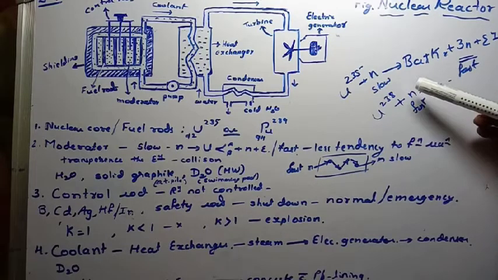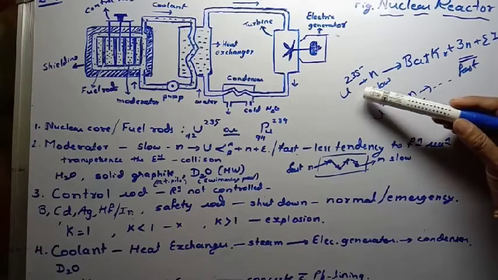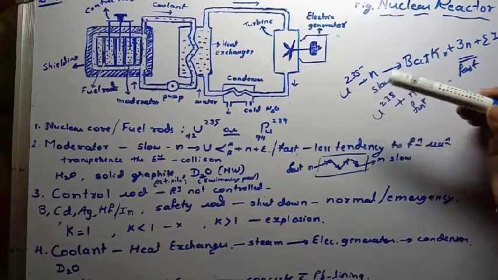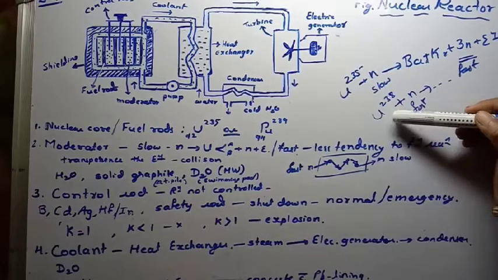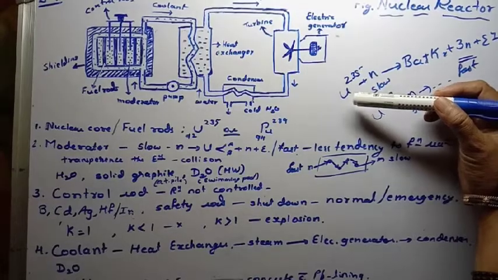The abundance of uranium-235 is very low. In nature it is only 0.7%, and the abundance of uranium-238 is much more. Therefore, while taking uranium-235 as a fuel in the nuclear reactor, uranium-238 is also taken along with uranium-235.